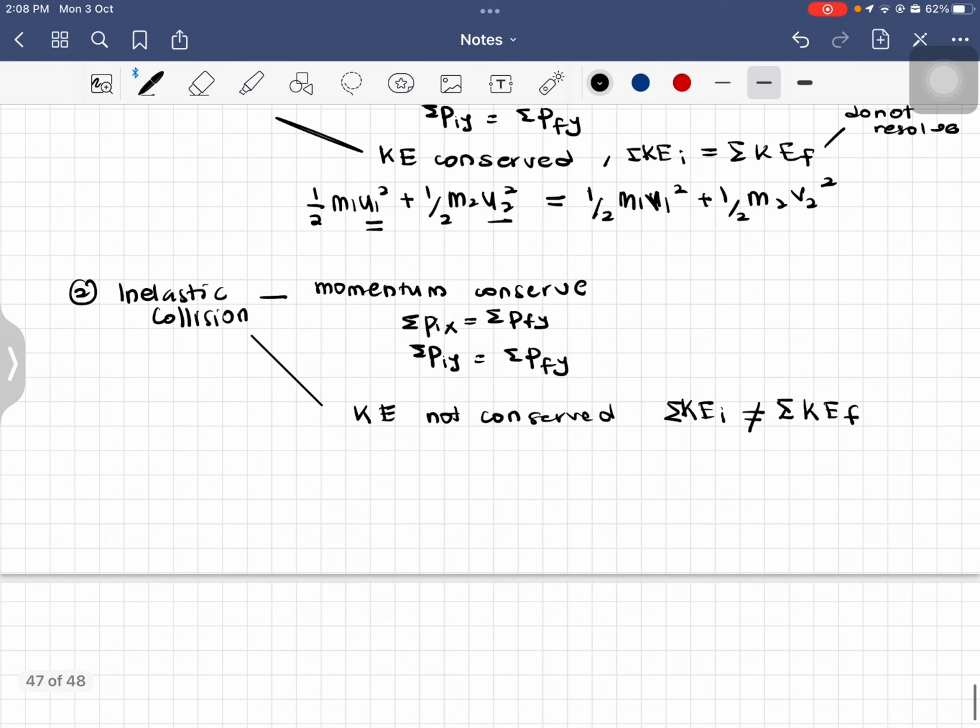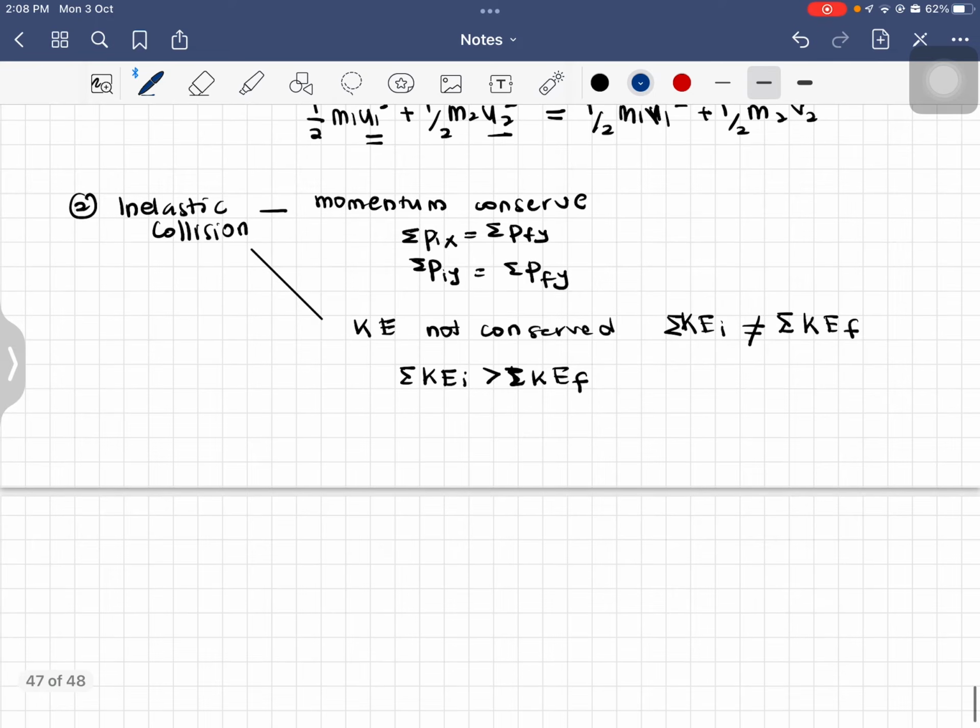What happens is there is energy loss, which is your kinetic energy initial will be bigger than the summation of kinetic energy final. So if the question asks you to find the energy loss, you just subtract the total kinetic energy initial from the total kinetic energy final. So this is energy loss.